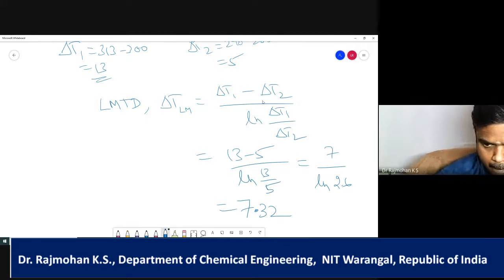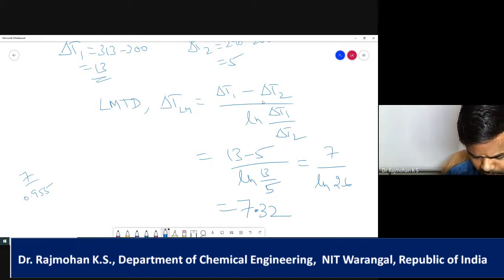Is that right? Ln 2.6 is equal to 0.955. 7 divided by 0.955 is 7.32 only.